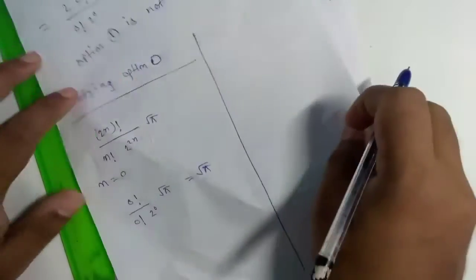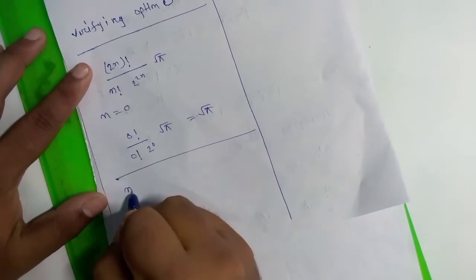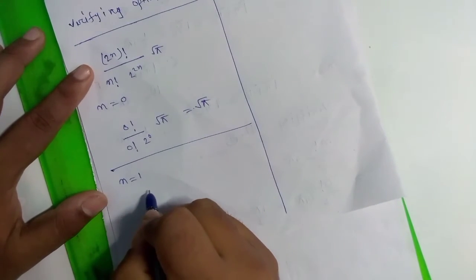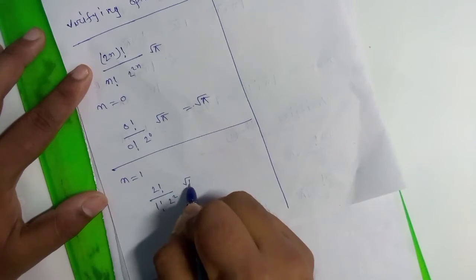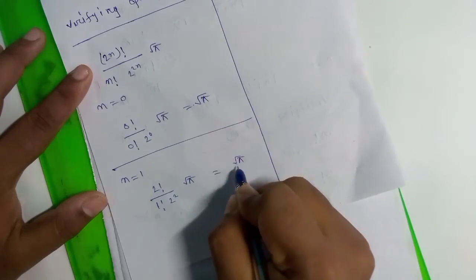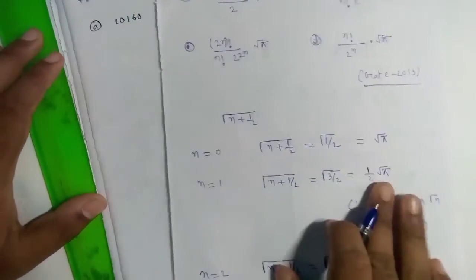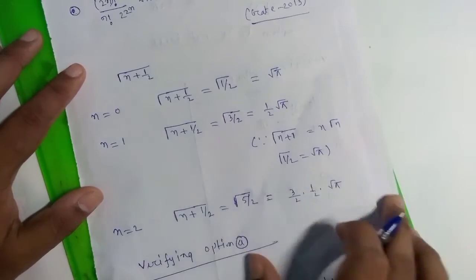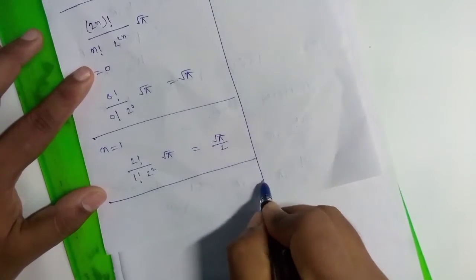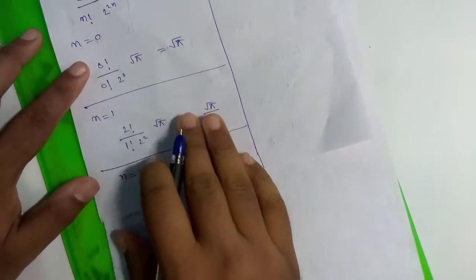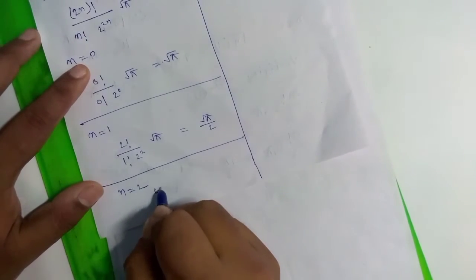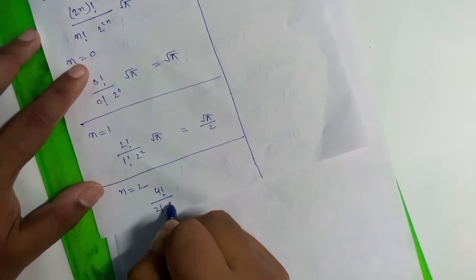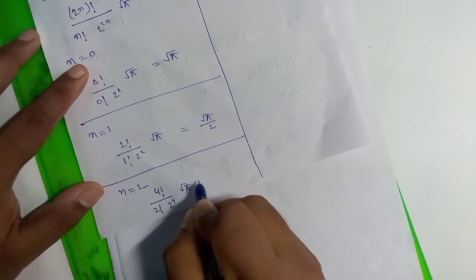Now we put n equal to 1, then it comes 2 factorial by 1 factorial 2 to the power 2 root pi. It comes root pi by 2. So when n is equal to 1, it also satisfies. Now when n is equal to 2, 2n means 4 factorial. 4 factorial divided by 2 factorial 2 to the power 4 root pi.